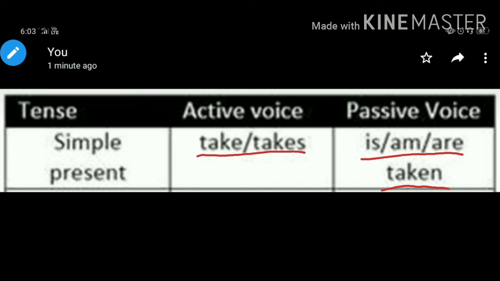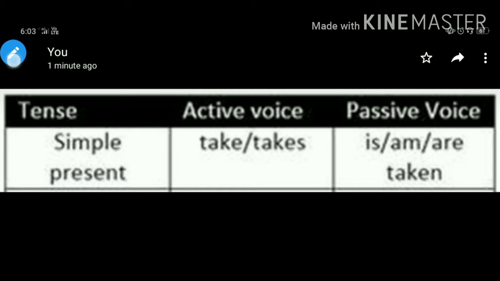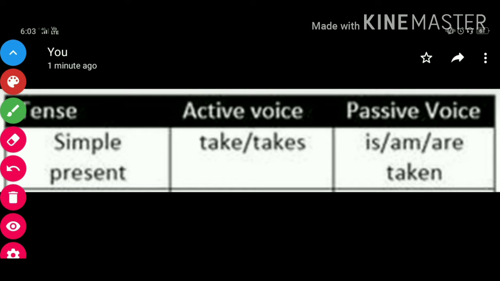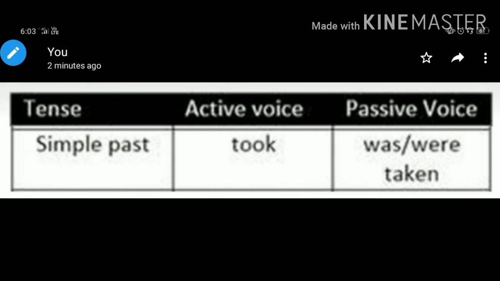What happens if you have a sentence in active voice which is in simple past? If the sentence in active voice has the verb took, then it would change into was taken or were taken.